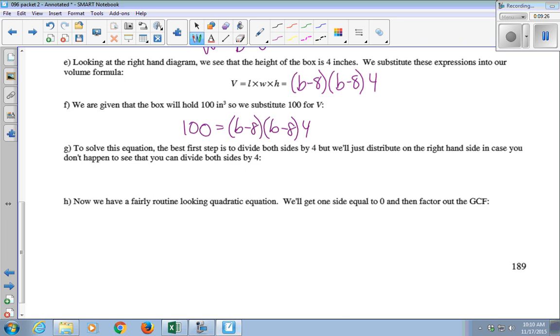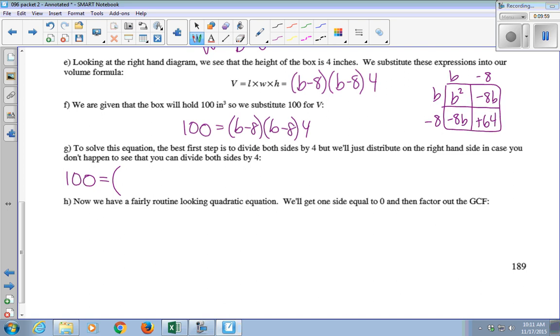So I have to multiply b minus 8 times b minus 8. So I have 100 equals. You can either draw a box or use FOIL or the lobster claw, however you learned to multiply those things. I think I'll do a quick box over here. B minus 8, b minus 8. B times b is b squared. And I get negative 8b, negative 8b, and positive 64.